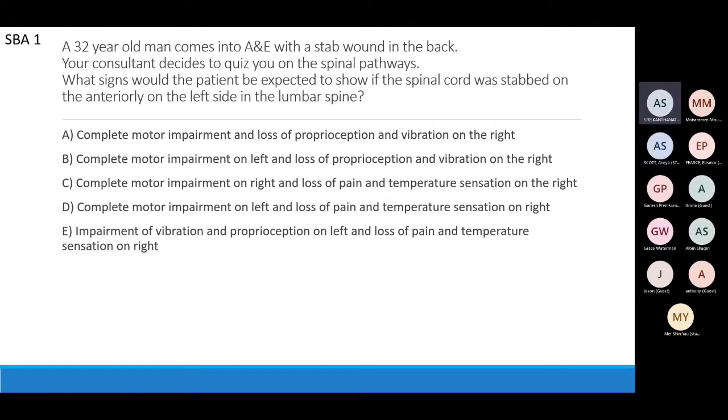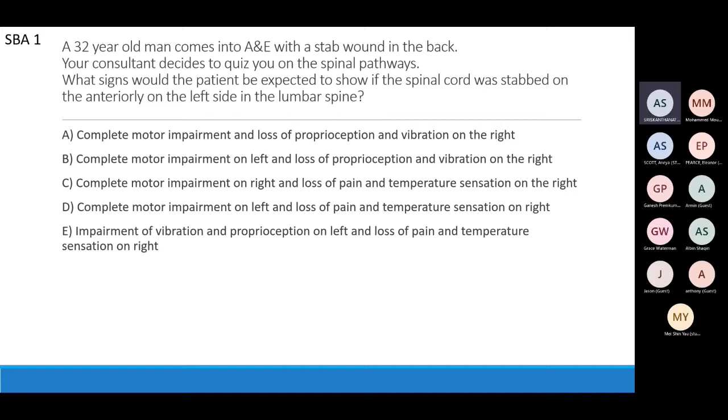I'll give it 10 more seconds so more people can answer. Okay, I'm going to stop the poll there.